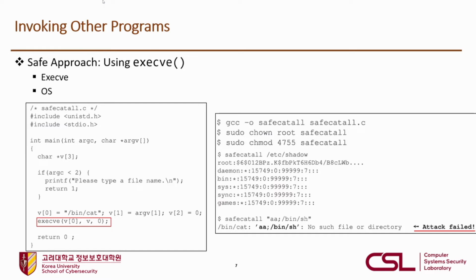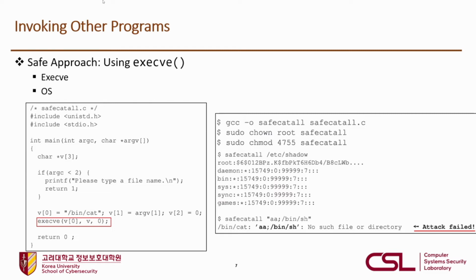Because the system function passed the string received as a parameter directly to the shell and executed it, while the execve function directly informs the OS which command to execute, only the intended command can be executed.